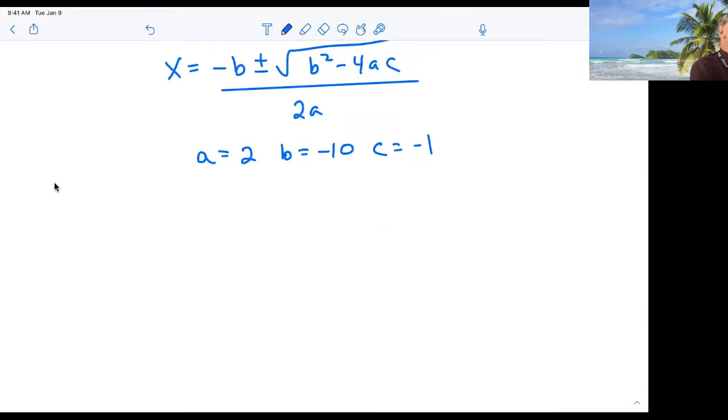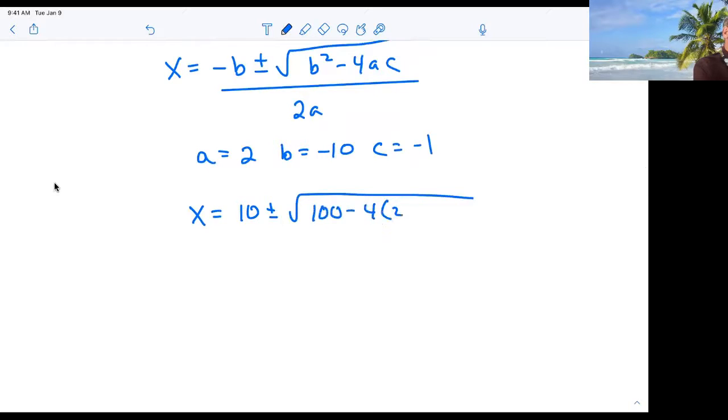So I'm not putting double negatives, so we just start out with X equals 10 plus or minus. Then you automatically square it. What is that? Not -100, 100 minus 4 times 2 times -1 all over 4.